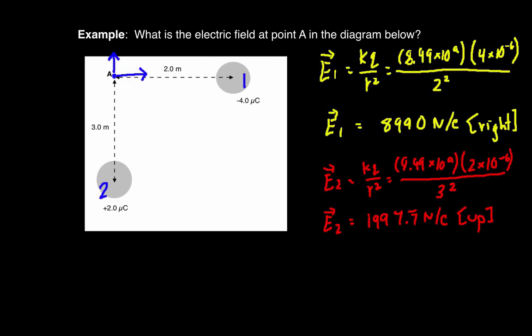The last step is to combine these two using vector addition, but because up and right are perpendicular to each other, we need to use perpendicular vector addition.